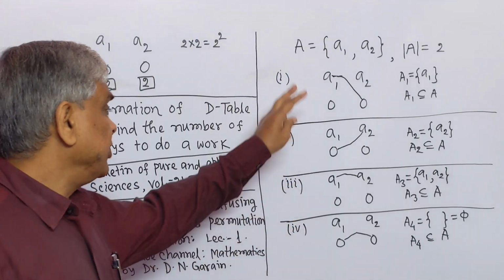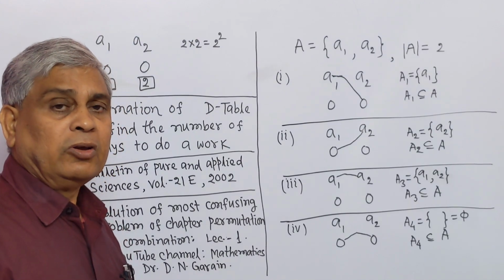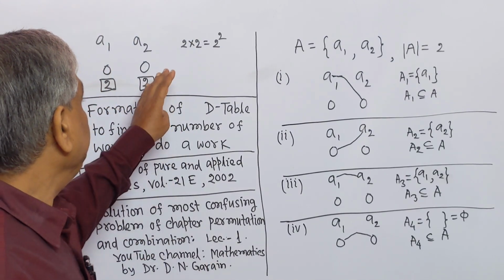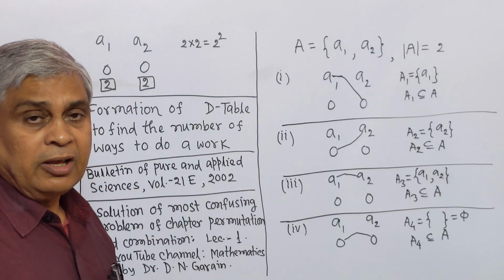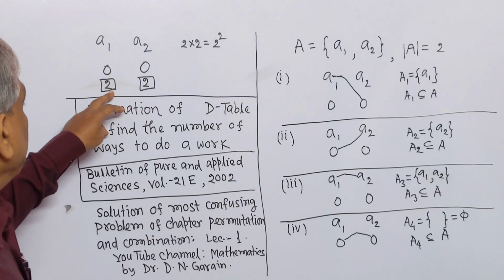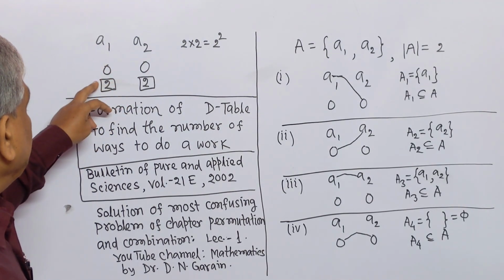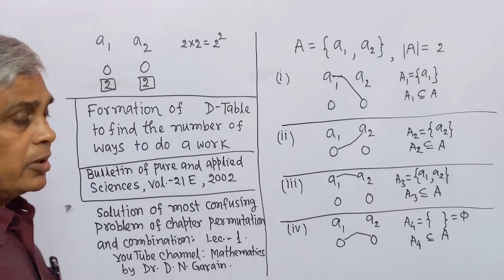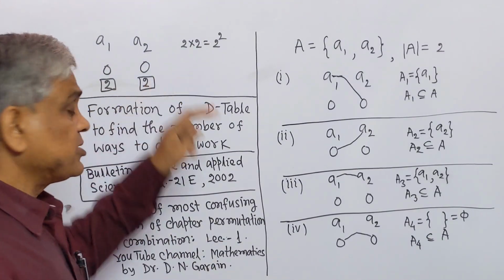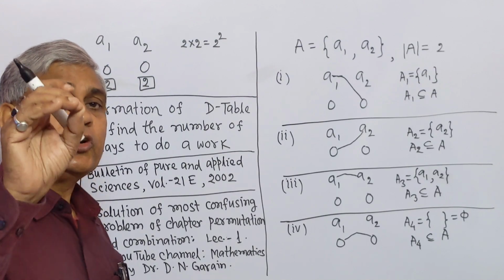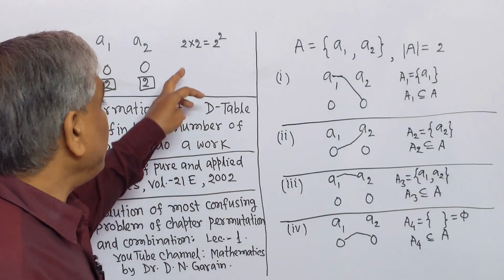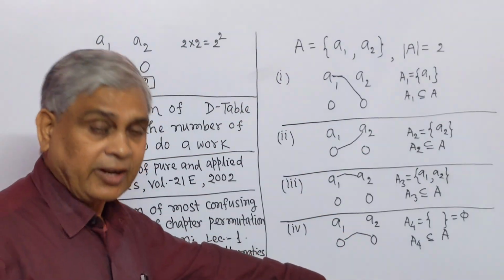From this particular example, we may conclude that we frame the D table and write the number of entities in different columns, and if we multiply these numbers, we get the number of possible curves, and the number of possible curves means the number of possible subsets here.